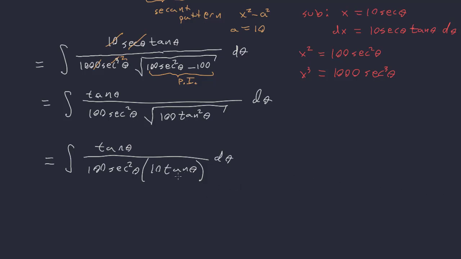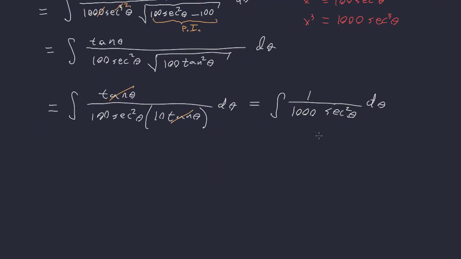Okay, and so now the tangents cancel. So when we simplify this out, we have the integral of 1 over 1,000 secant squared theta d theta. And we'll tackle this like we did similarly when we had a secant squared in the denominator. That's just going to come out to be 1/1000th times the integral of cosine squared theta d theta.